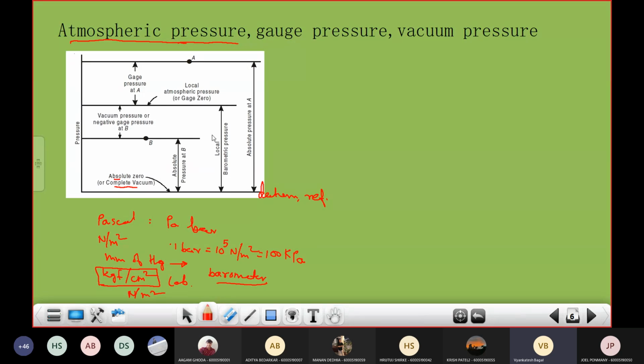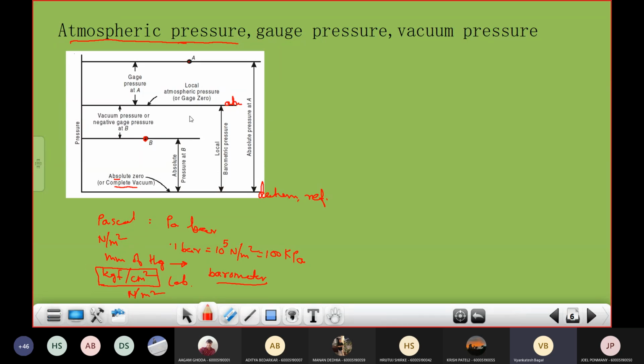Now, I have taken 2 points. One is point A on this line and another is point B here, right? And this line represents the atmospheric pressure, which is nothing but the local barometric pressure, the pressure read by the barometer, also called the barometric pressure, right? So this is your atmospheric line basically.